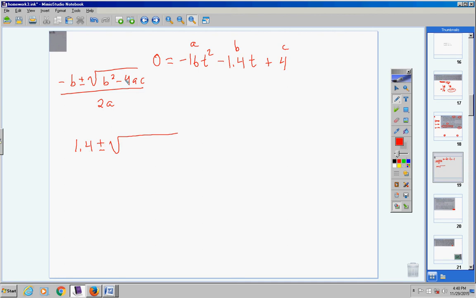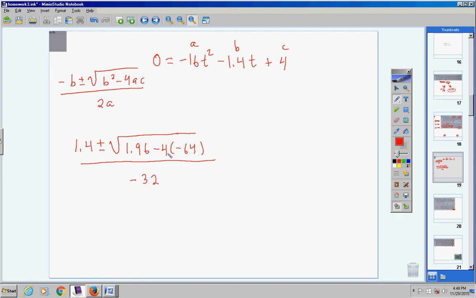Plus or minus the square root of b squared, so 1.4 squared, using your calculator, would be 1.96, then minus 4ac. A times c, negative 16 times 4, negative 64. All over 2a. 2 times a is negative 16, 2 times negative 16, negative 32.